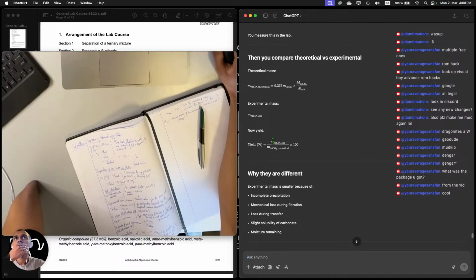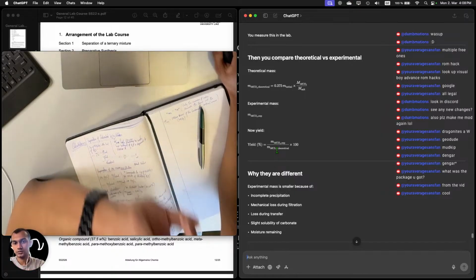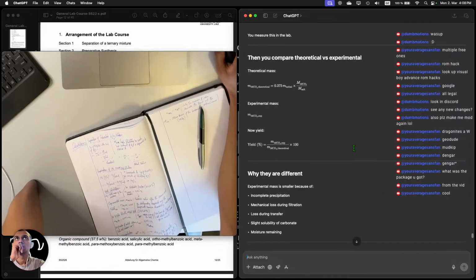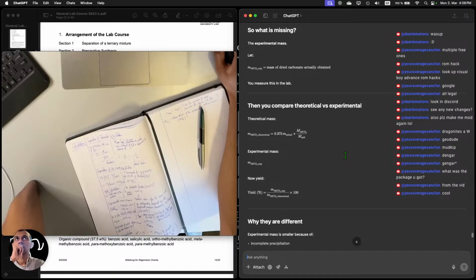So yield percentage equals number of moles of... wait, no. So we calculate the theoretical carbonate. Okay. So the molar mass of carbonate divided by molar mass of salt, into... what does that get you though?